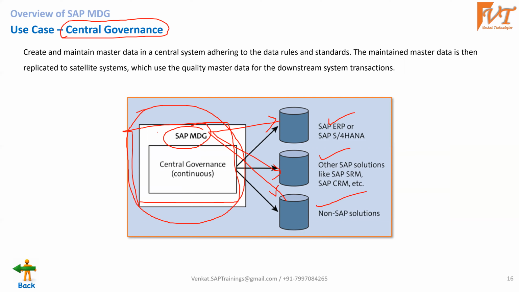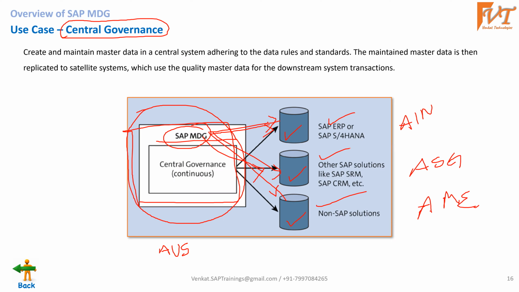Okay. Once MDG is implemented, MDG is built for the business. So they don't maintain the master data in the connected systems. If they want to maintain any master data, they have to maintain it in MDG and distribute that data from MDG to the connected systems. Okay. Let's say this is Amazon US, and this is Amazon India, and this is Amazon Singapore, and this is Amazon Middle East.